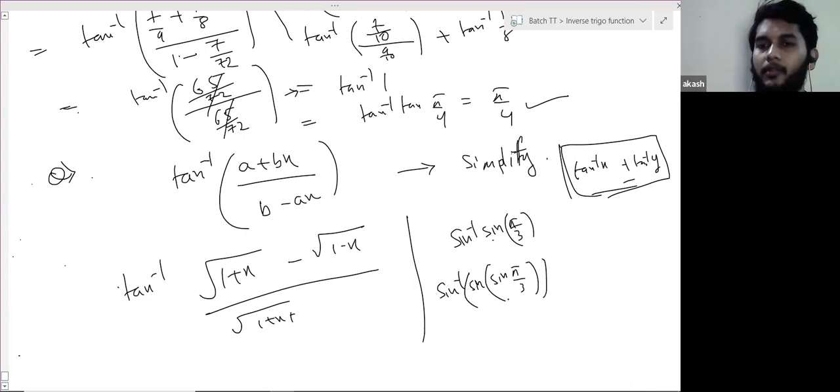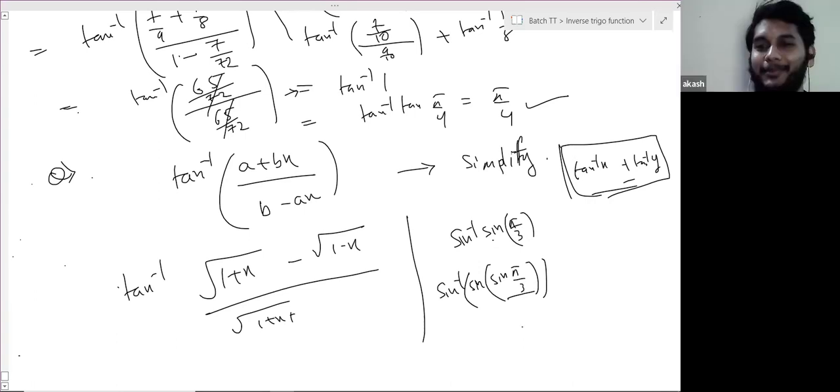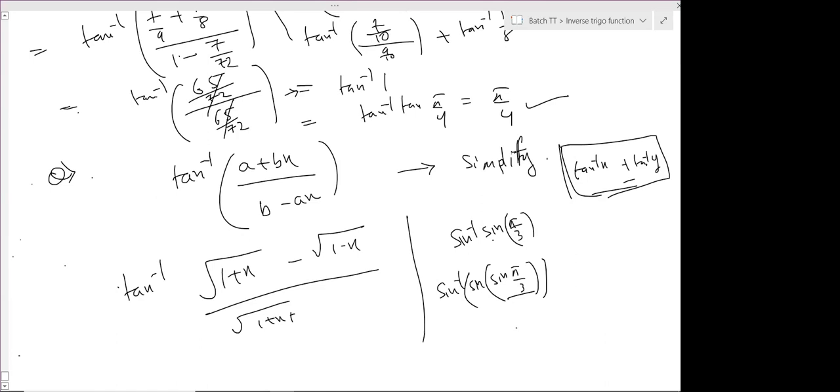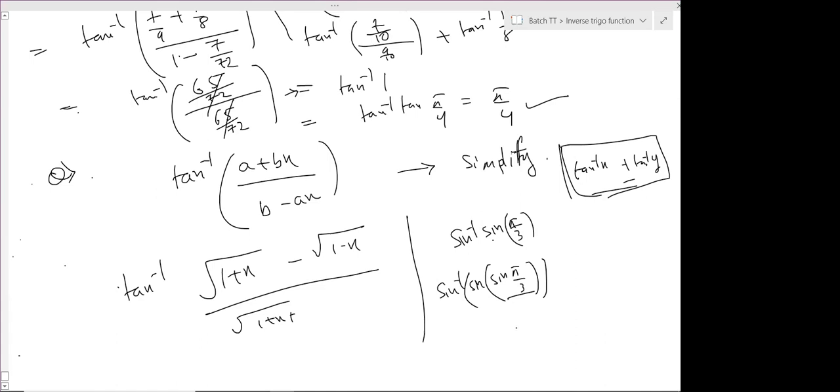Same thing. So what is the value of sine pi by 3? I don't know, sir. Eman, what is the value of sine pi by 3? Sir, 60 degrees. Root 3 by 2.